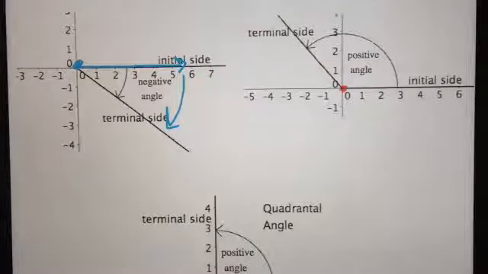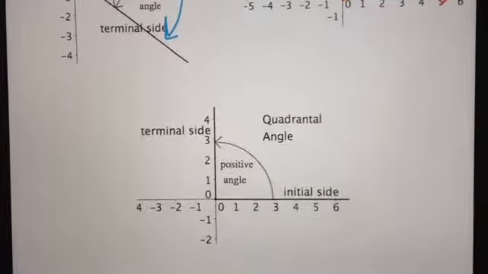If you start here at the origin and your initial side is on the positive x-axis, so you're starting in standard position, and you rotate counterclockwise for your terminal side, then you have a positive angle. All right? If your angle stops on one of the axes, the positive y or the negative x or the negative y, you have a quadrantal angle.